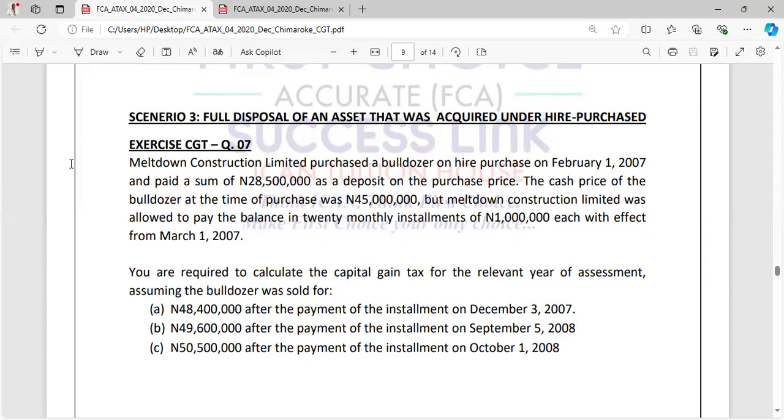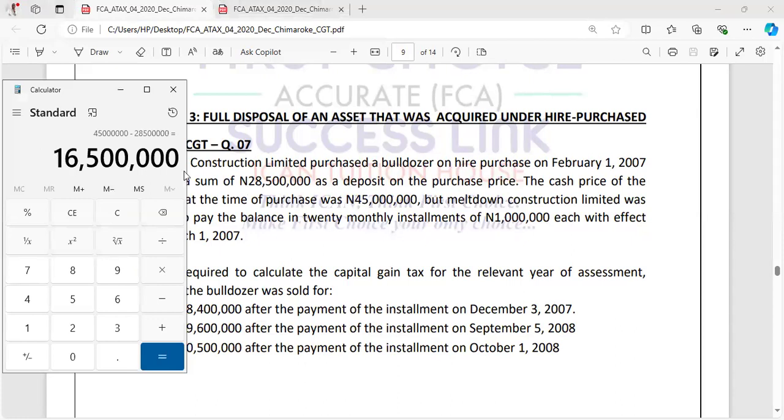Now, look at this. Normally, this is the remainder of the cash price, 16,500,000. This is supposed to be the balance. But they say you have to pay the balance in 20 monthly installments of 1 million naira each. So 20 times 1 million will give you 20 million. So instead of 16,500,000, you are paying 20 million.